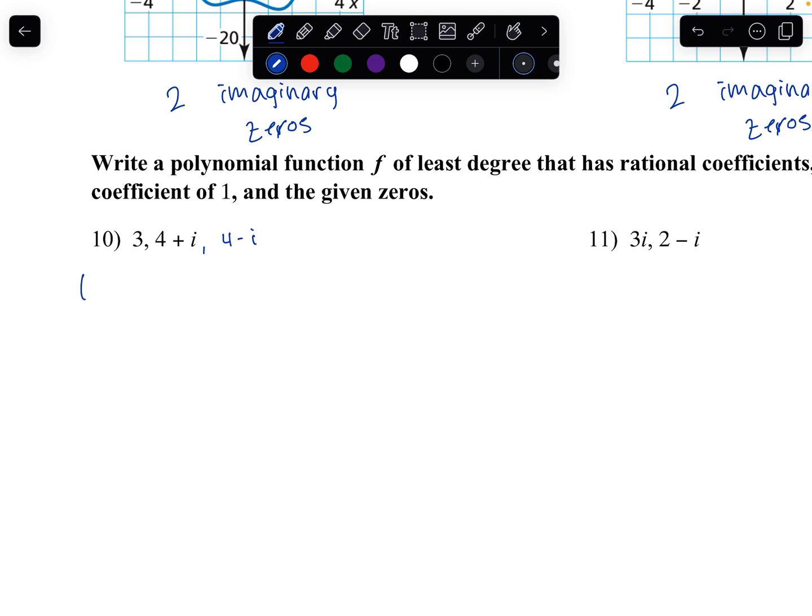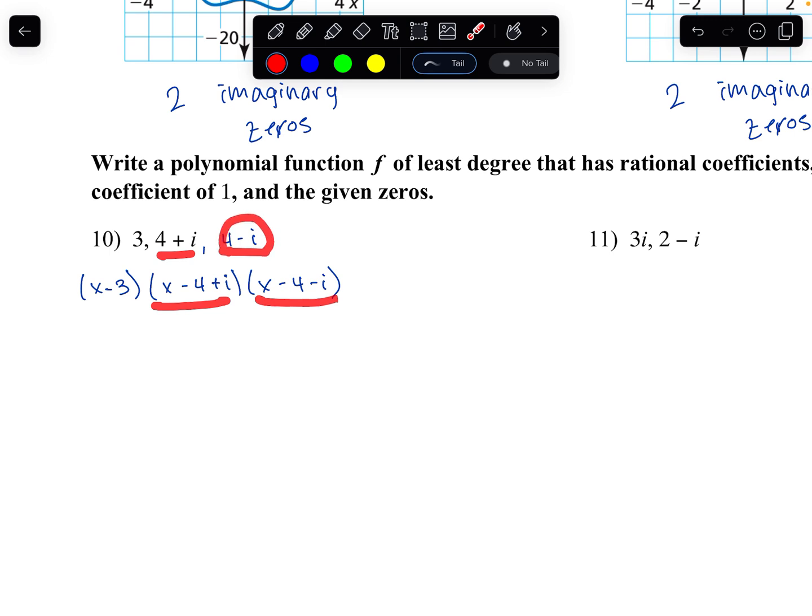So I'm going to make them into factors. So if x equals 3 is a solution, x minus 3 is its factor. And then x minus (4 plus i) is a factor, and x minus (4 minus i) is also a factor. So these factors come from these zeros right here. So always use x minus, and then 4 plus i, 4 minus i.